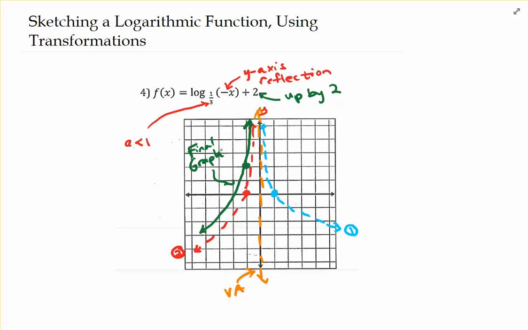Alright, so that's the sketch of the function f of x. What I'd like to do next is provide you with some of the details regarding the function. As demonstrated in class, we were looking at the domain, the range, equation of the vertical asymptote, and then the new location of the original x-intercept.